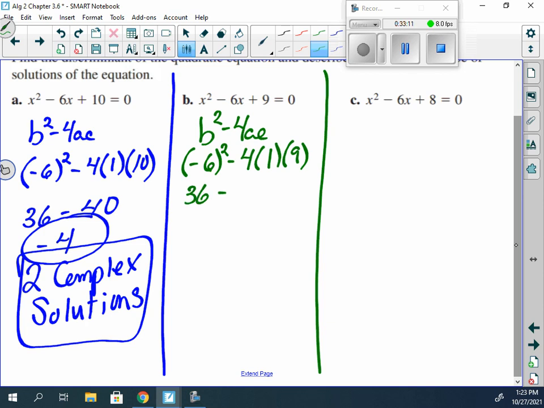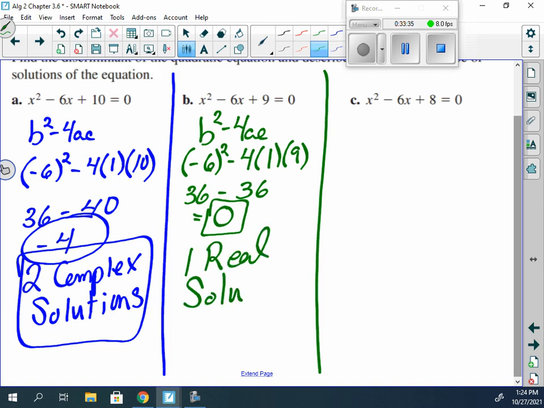Minus 4 times 1 is 4, and 4 times 9 is 36. 36 minus 36 is 0. So the value of the discriminant is 0. What kind of solutions will we have? One real solution.